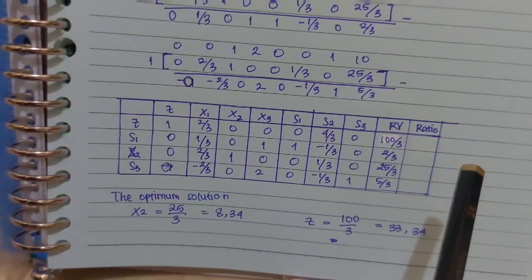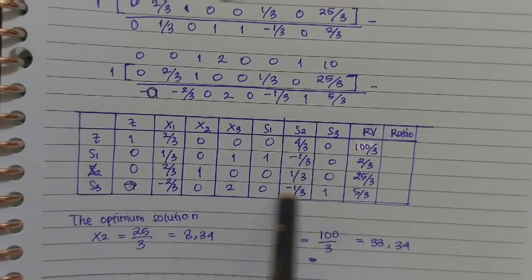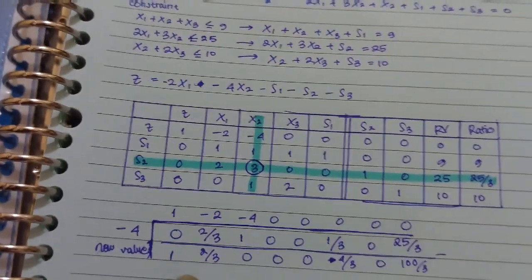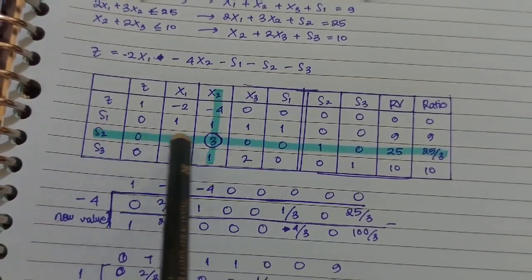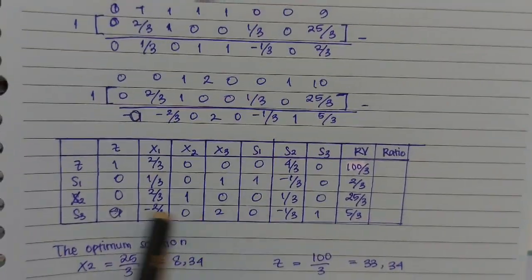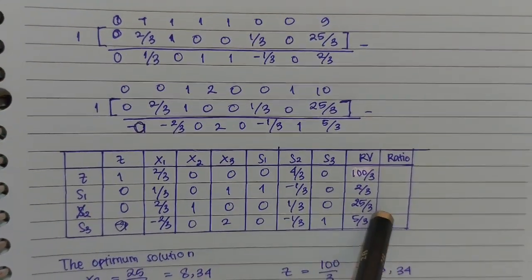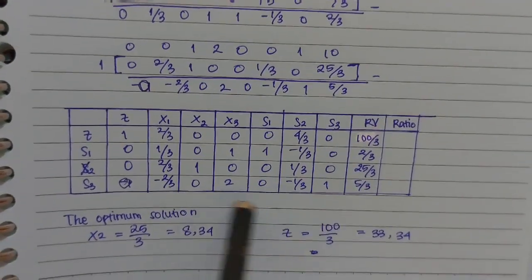Okay. Optimum solution by identifying the x2. Why x2? Because x2 is the key column and key row. So here the ratio of the right value of this key row is 25 per 3.